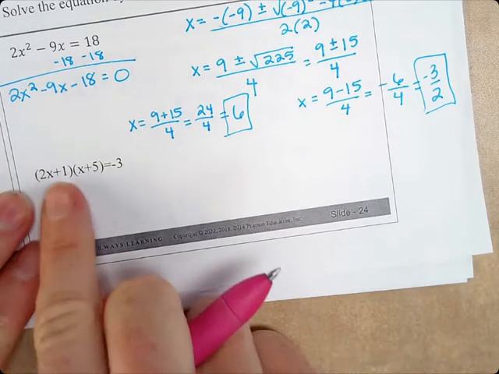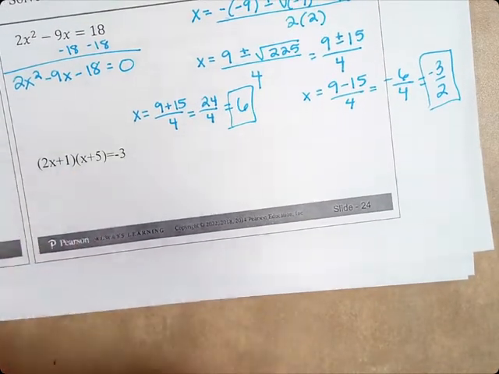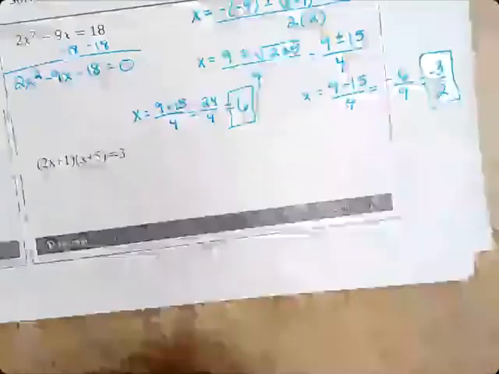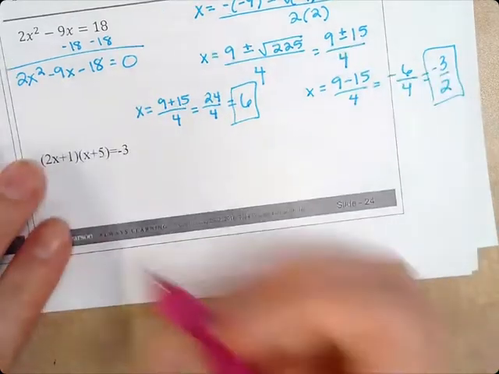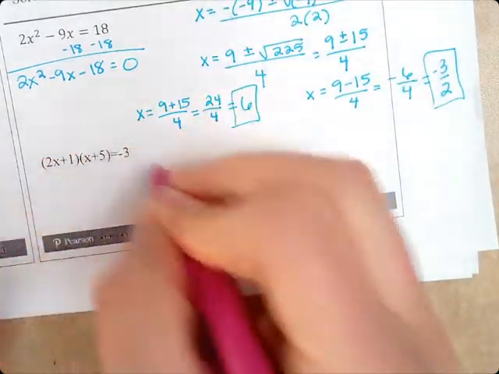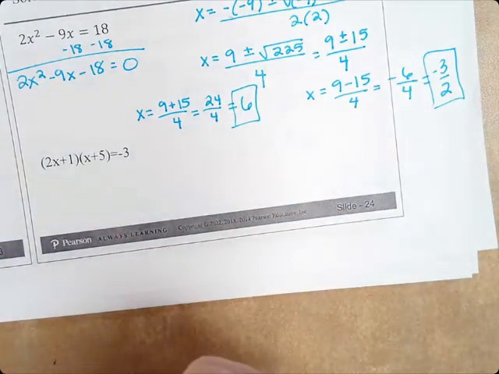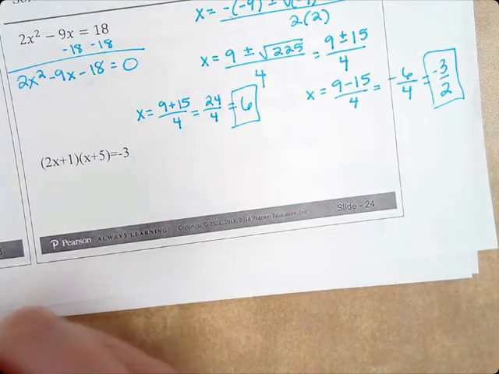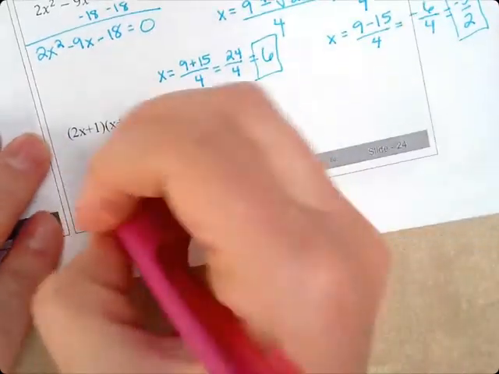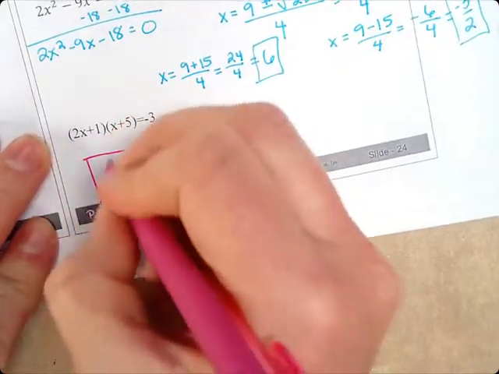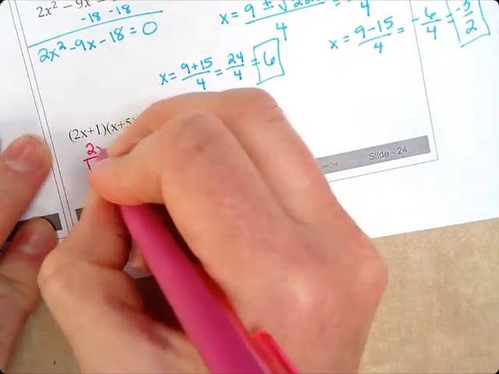All right, the next one. So we actually need to multiply these and get everything on the left side before we can do anything else. So we're going to have to use the box to multiply them.